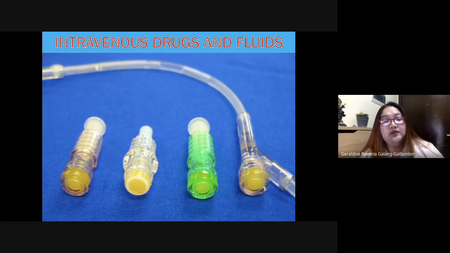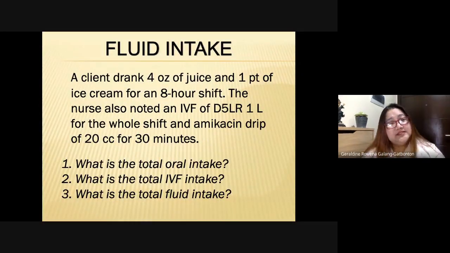Anyway, you will appreciate this more when you have your clinicals, because you can give medications via heplock if there is no IV tubing, or via the piggyback if there is IV tubing. This is the IV route. Okay, this is the last.